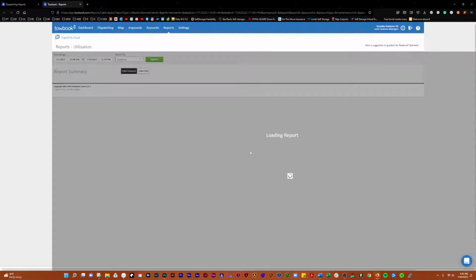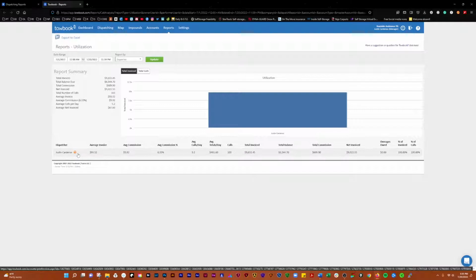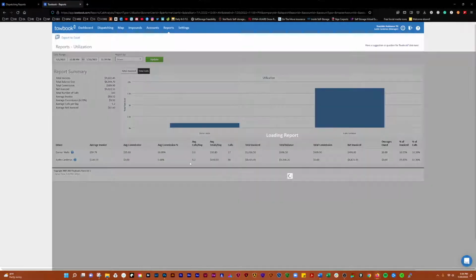So you look at those and you can say, okay, because we have one dispatcher, it's not really going to give you too much, but let's look at drivers. So utilization by drivers, Justin's bringing in higher invoices than Darren, but we've got Darren commissioned over here, and we've got average calls he does a day, total balance, total invoice, total commissioned, net invoiced, and it gives you a breakdown of what you're looking like.